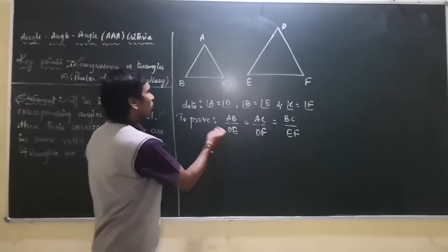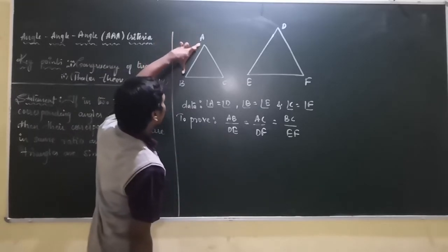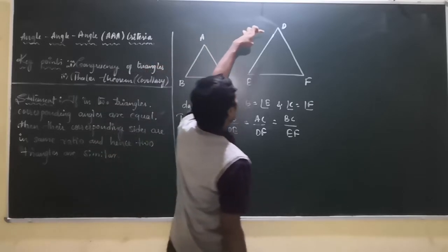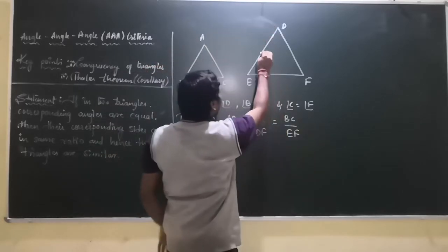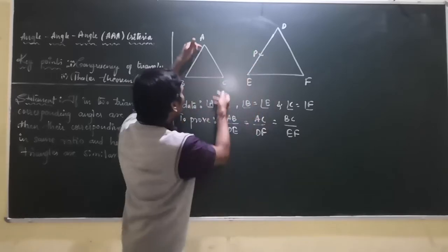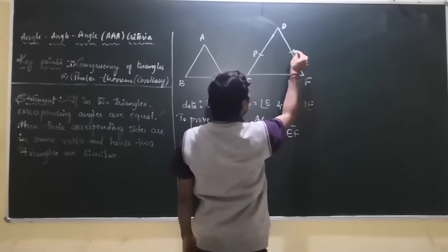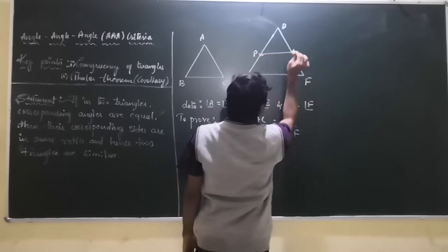To prove this, we need to do some construction here. I am taking the length of AB, cutting it from D and marking a point as P. Similarly, I am taking the length of AC, cutting it here and marking it as Q. Then I am joining PQ.